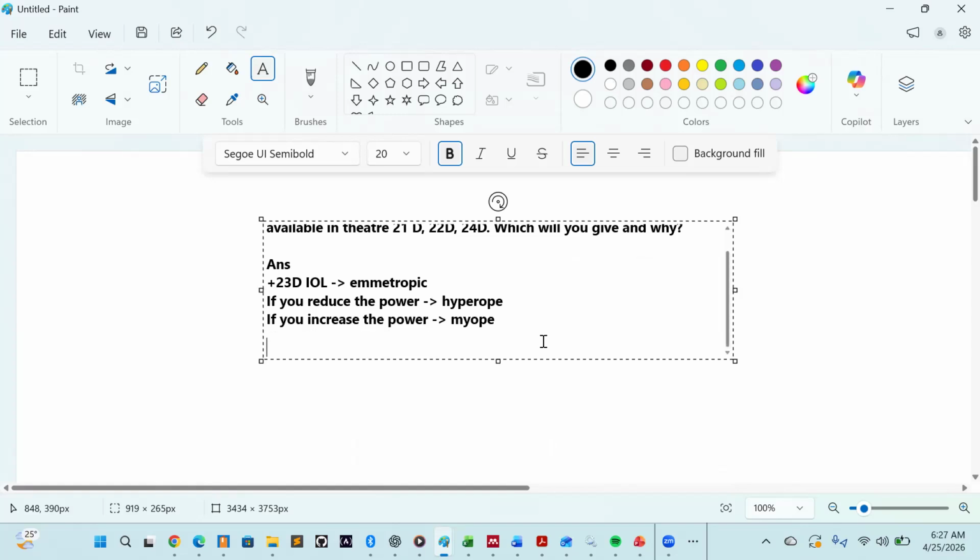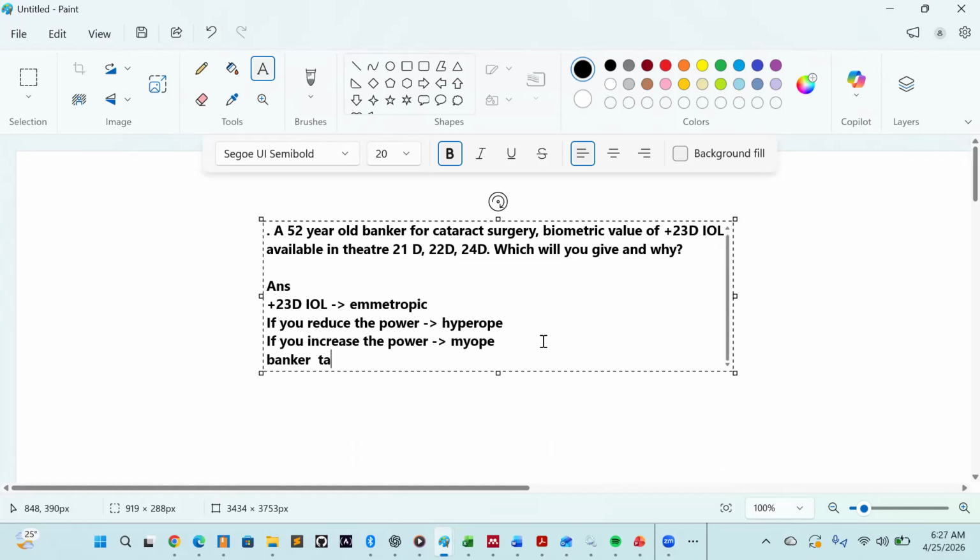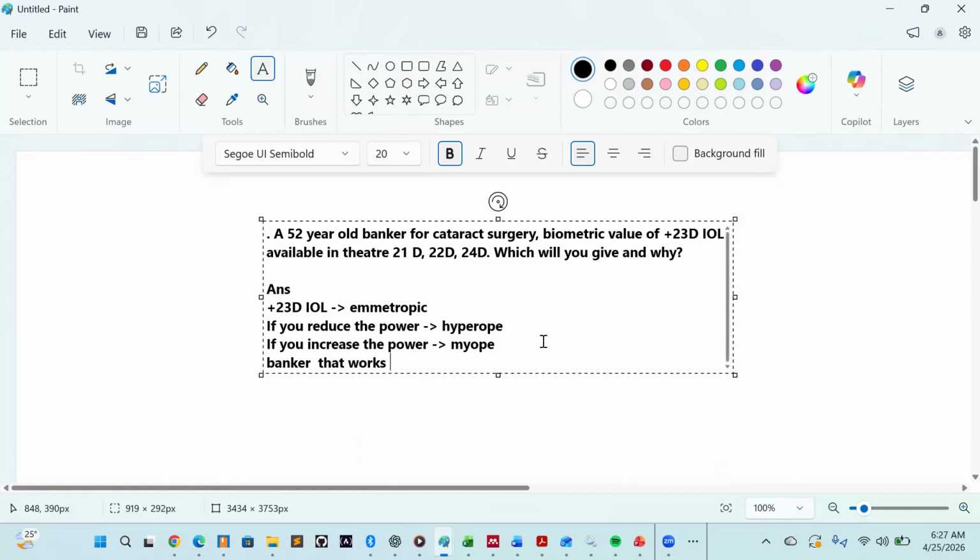This person is a banker that works on a computer or laptop or whichever one you get. That means they do more near work. So which one do you think the patient would prefer? The patient would prefer to increase the power, because they do more near work.